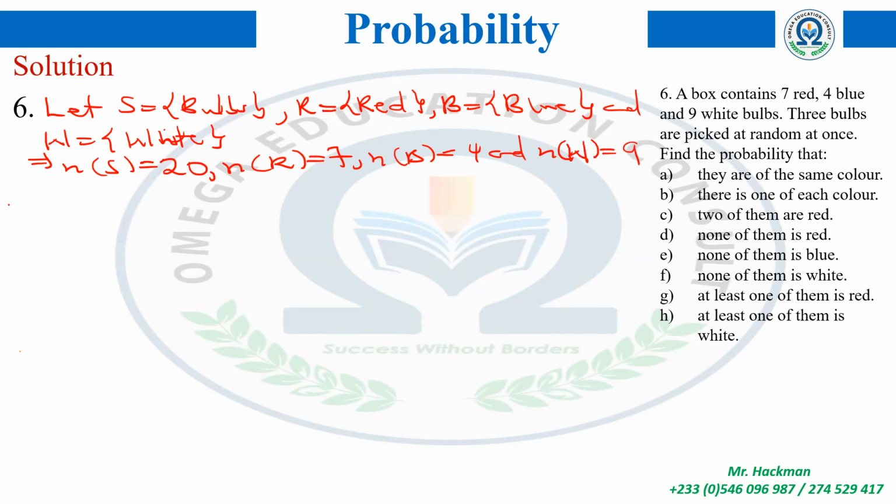Okay, so now we come to A. Are we following? Yes, please. Okay, very good. So now we look at the case where they are of the same color. So the probability that they are of the same color will be equal to... Okay, so let's see.